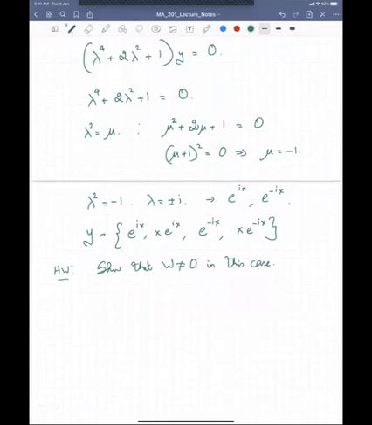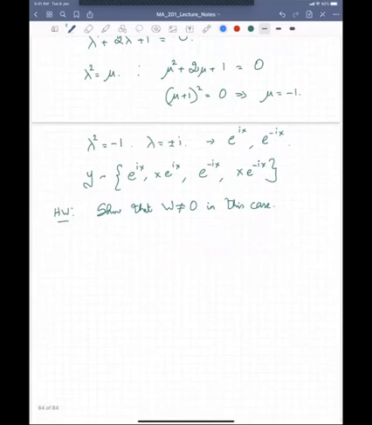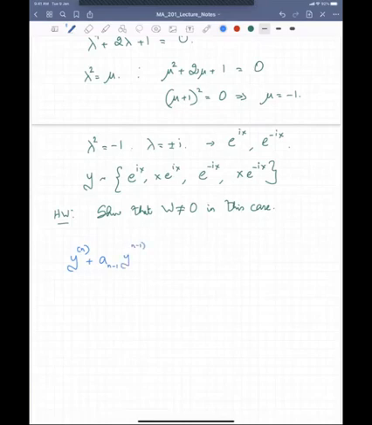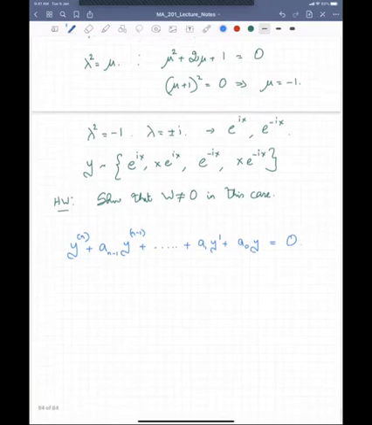So in general, if you have a constant coefficients problem, if I write an nth order differential equation, y^(n) plus a_(n-1) y^(n-1) plus and so on, plus a1 y prime plus a0 y equals 0. I write a instead of p because these are all constant numbers. This is the homogeneous equation, right?